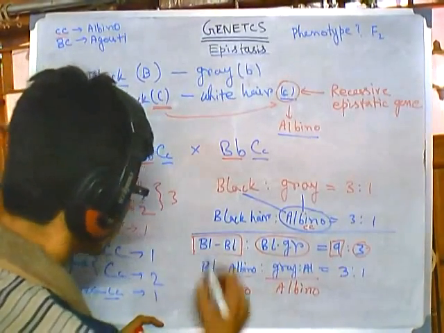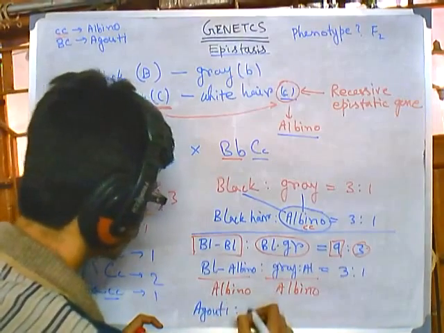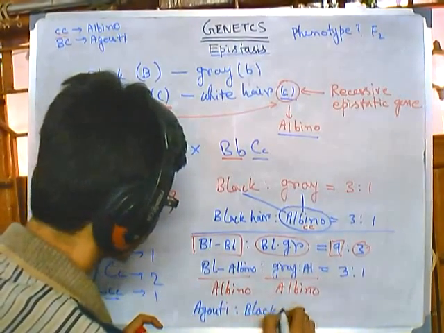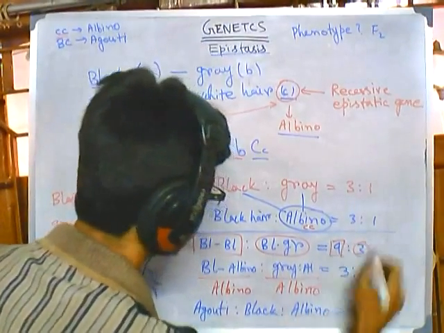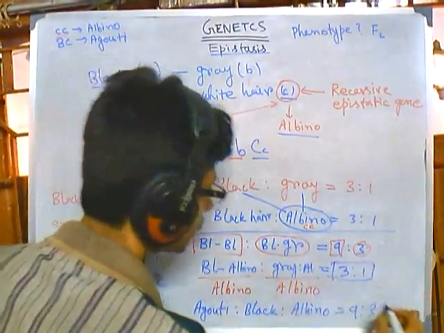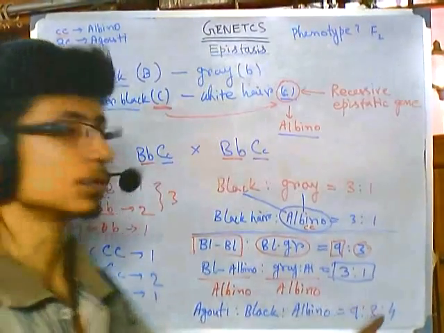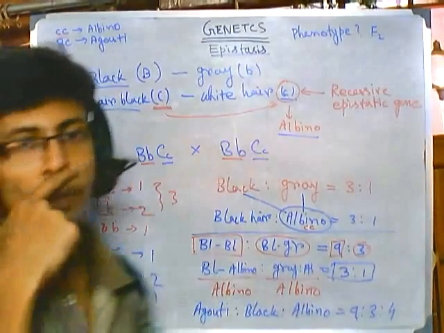The ratio will be agouti, which is black, is to only black, is to albino, and the ratio will be 9 is to black only 3, and albino is 3 plus 1, 4. So the ratio will be 9 is to 3 is to 4. So this is going to be the ratio in case of this epistasis problem.